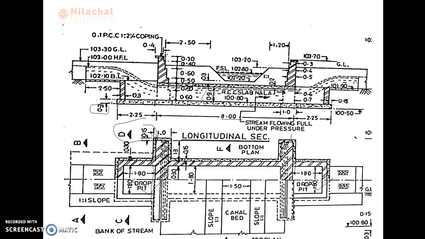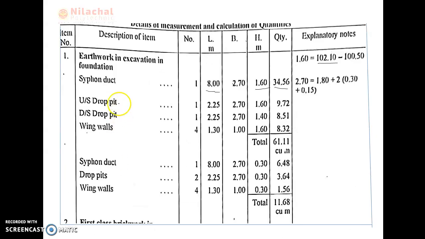For the upstream side drop it, the number is one, the length is 2.25, the breadth is 2.70 and the height is 1.60. Similarly for the downstream side drop it, the number is one, the length is 2.25, the breadth is 2.70 and the height is 1.40.